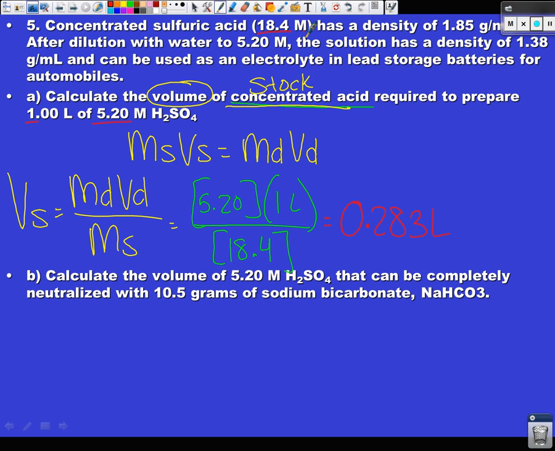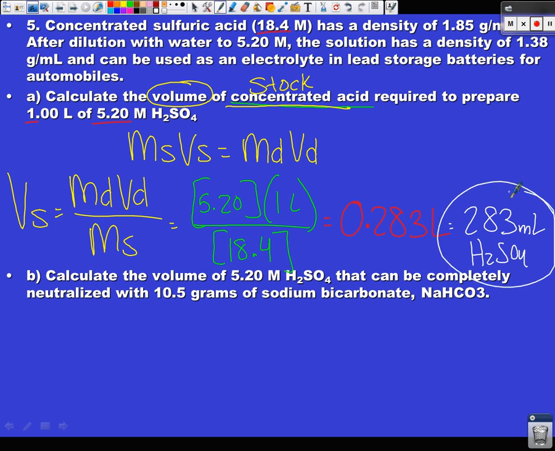So now, hold that, no, I'm going somewhere else. If I handed you some glassware and I said measure that out, would that be a difficult thing or really easy? Physically, that would be difficult. So how could you restate this to make it really easy? Okay, so 283 milliliters of H2SO4.